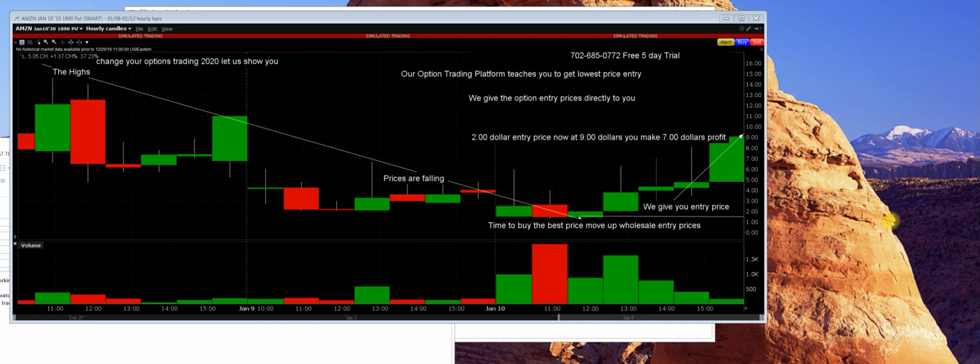It's about getting that wholesale price. And who's going to be in control of the price? Is it going to be them or is it going to be you? Well, we can teach you how you can be in control of the option price by using our pricing management systems that will generate the price entry to you automatically.